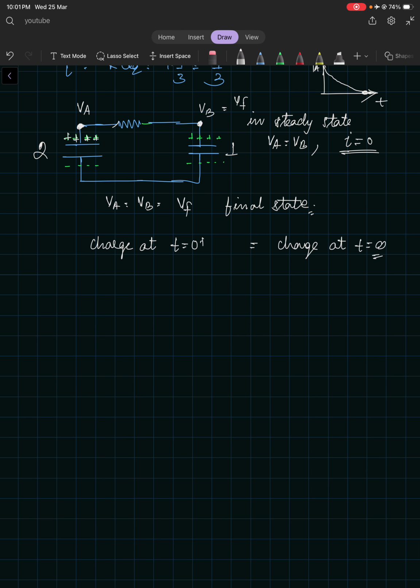Initially the charge on both capacitors was 2 volt into C1 plus 1 volt into C2, and finally it becomes VF into C1 plus VF into C2. So that is 2 into 1 plus 1 into 0.5.